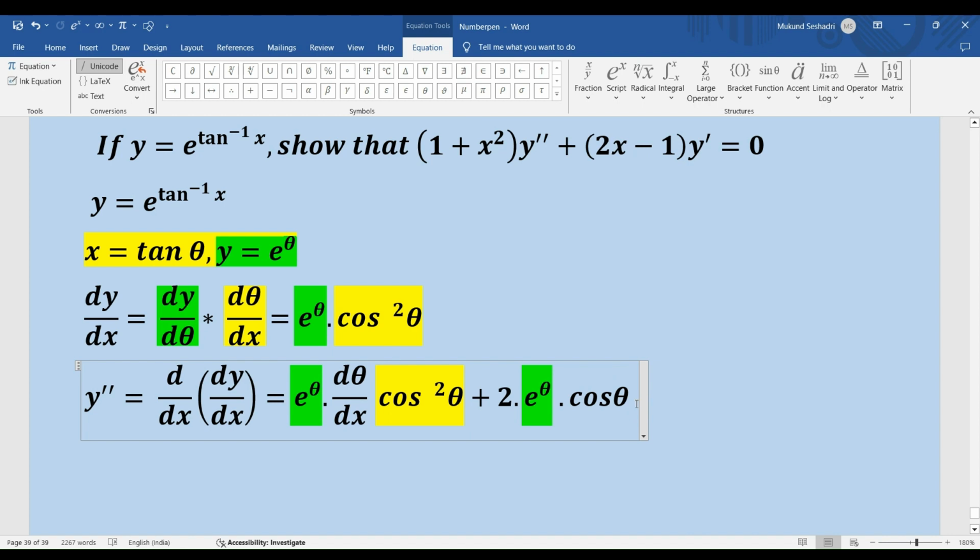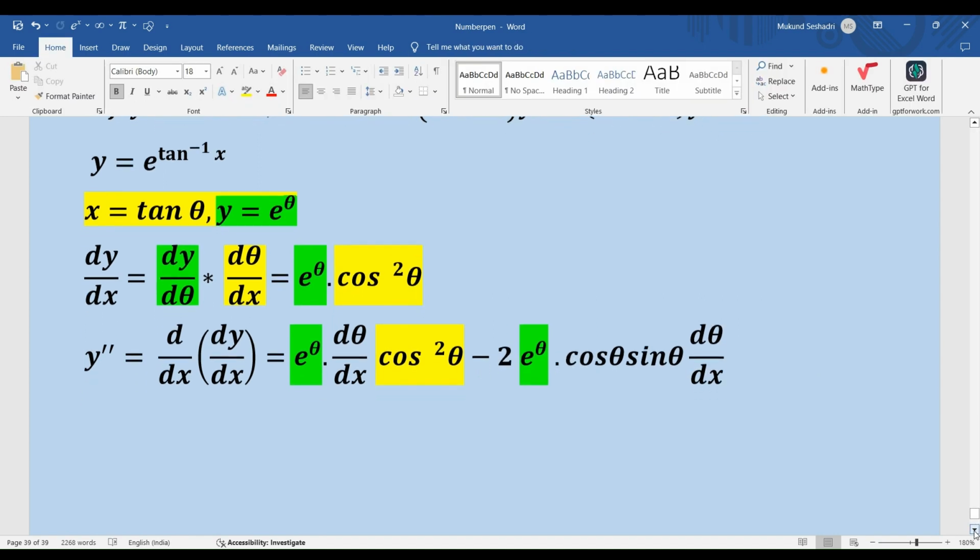So d by dx of cos theta is nothing but minus of sine theta. And then I will still have to differentiate my innermost theta with respect to x, which is nothing but again d theta by dx. Right? So this is what I have, right? So let's rearrange this particular expression.